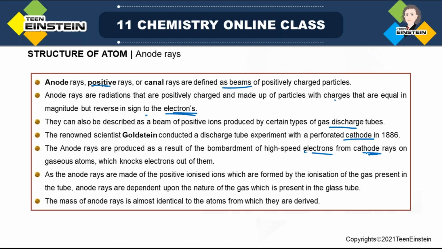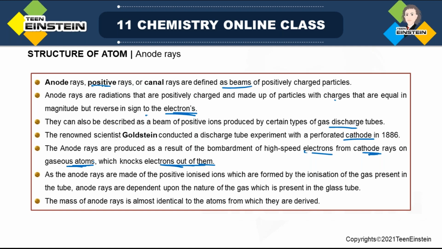So the basic thing is the same that we have already seen in the case of cathode rays. But now, these high-speed electrons are knocking out electrons from the gaseous atoms. So there are some gaseous atoms and they are bombarded with high-speed electrons. As a result, the electrons of these gaseous atoms are knocked out. So only the positive charge in the atom will be remaining.